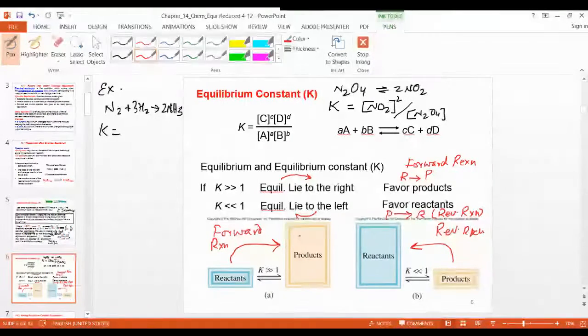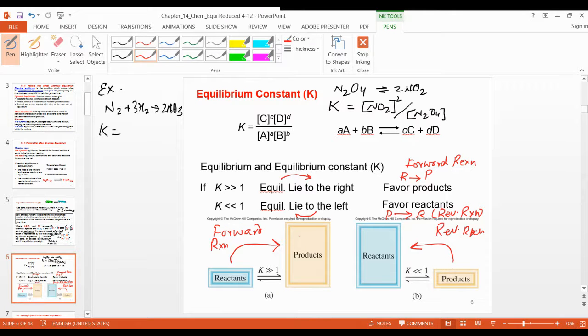Similarly, equilibrium lying to the left means that when the system is at equilibrium, the product changes to reactant until a new equilibrium is set up. That is known as equilibrium lying to the left. It means more reactants are formed, which is the reverse reaction.